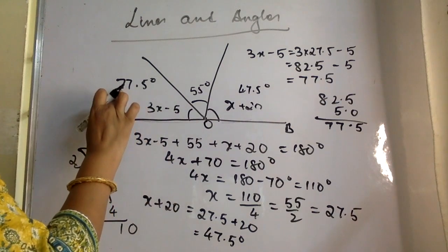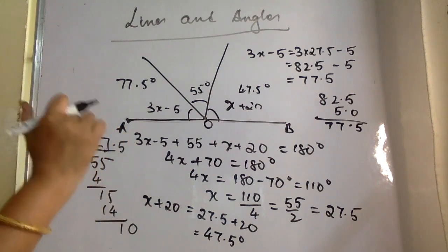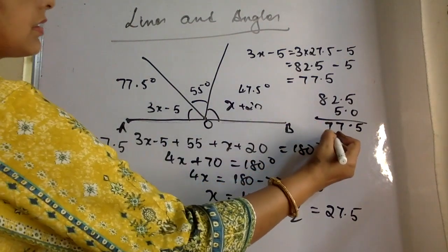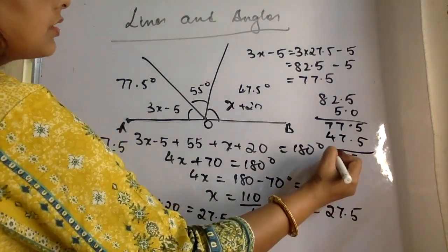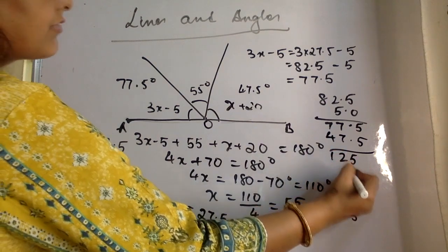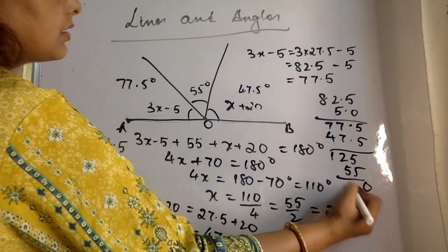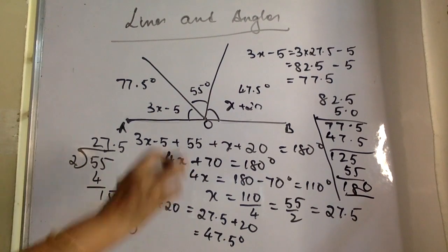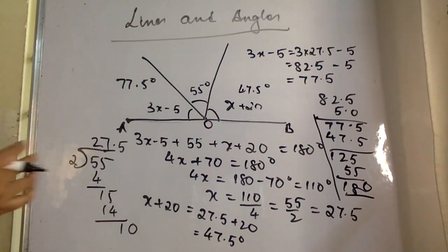So here it is 47.5 plus 77.5 is 125, plus 55 gives me 180. So if you are able to get 180 on adding the values of these three angles, your sum is correct.